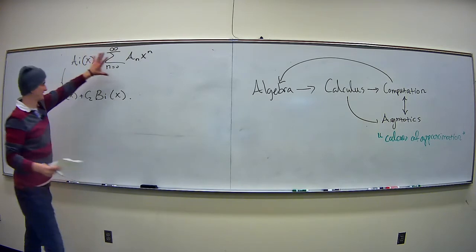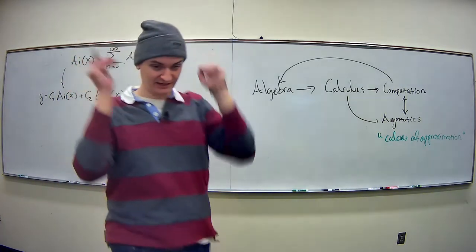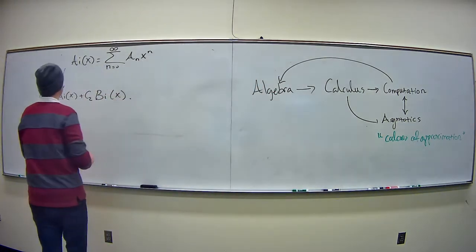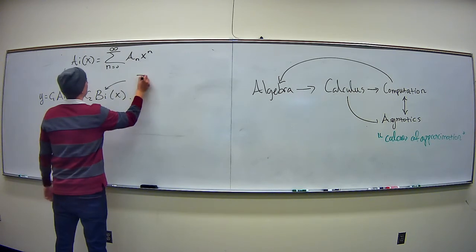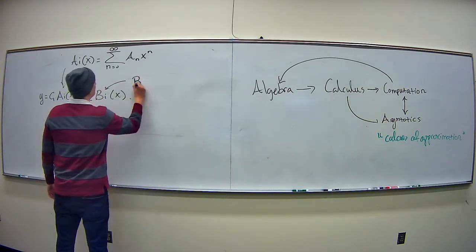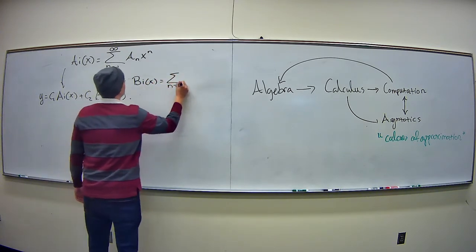So then Ai actually has this definition, where all of these coefficients are known. You give me an n, I can tell you exactly what the coefficient is, what this Airy coefficient is. And then same with this Bi. These are infinite series.